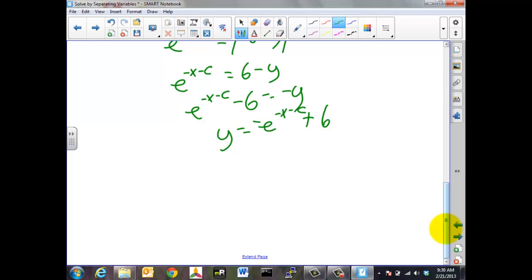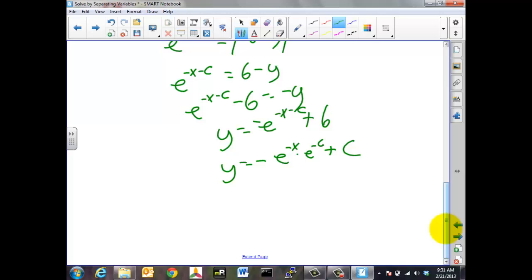Is there a different way to write e to the negative x minus c? There is. We could write that as e to the negative x times e to the negative c plus 6. Well, c is what?